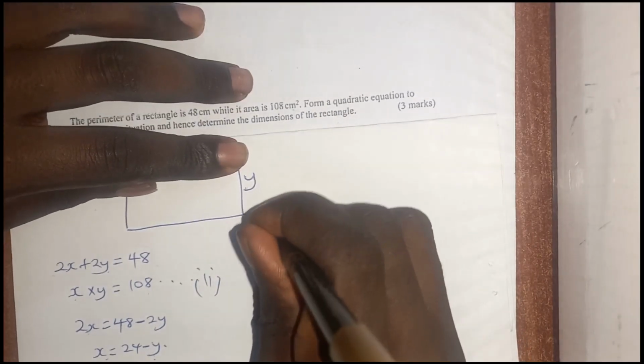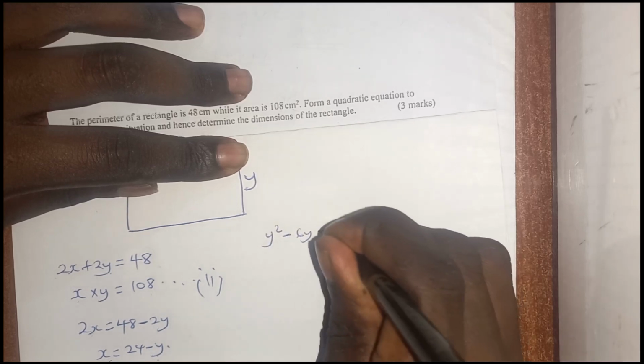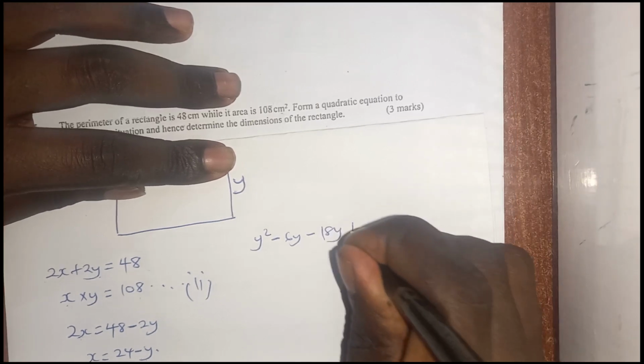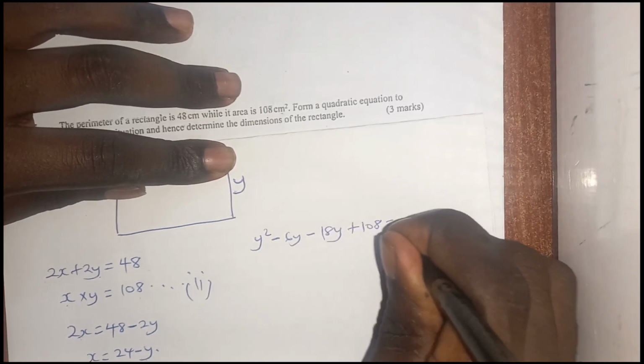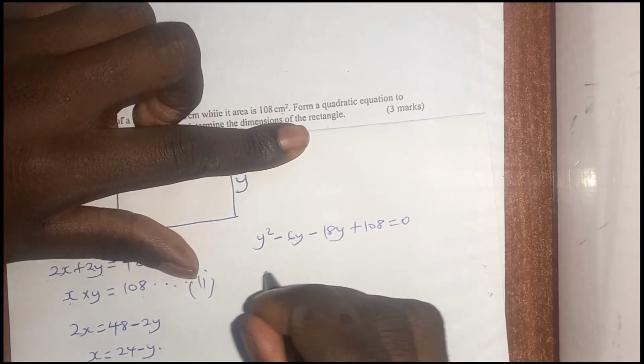So let's come back here and rewrite our equation. It's going to be y squared minus 6y minus 18y plus 108 equals 0, right? Okay, so we group them together.